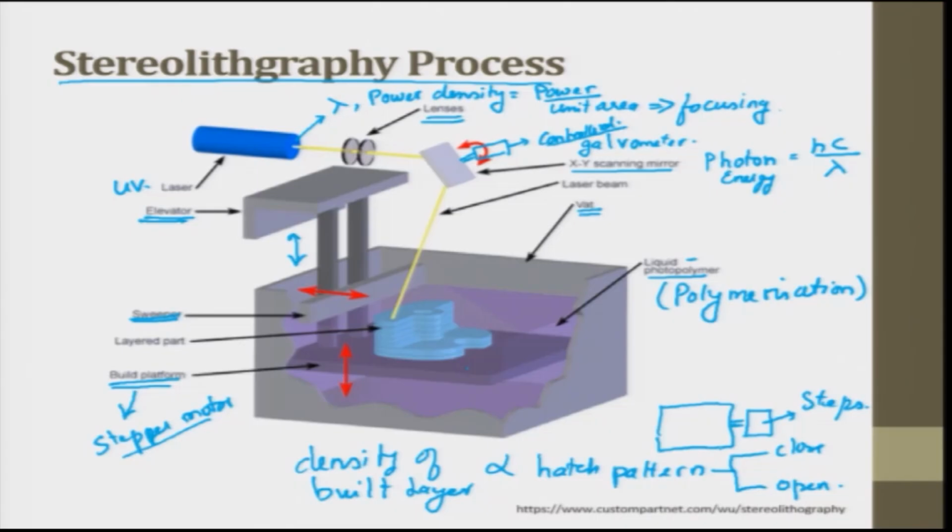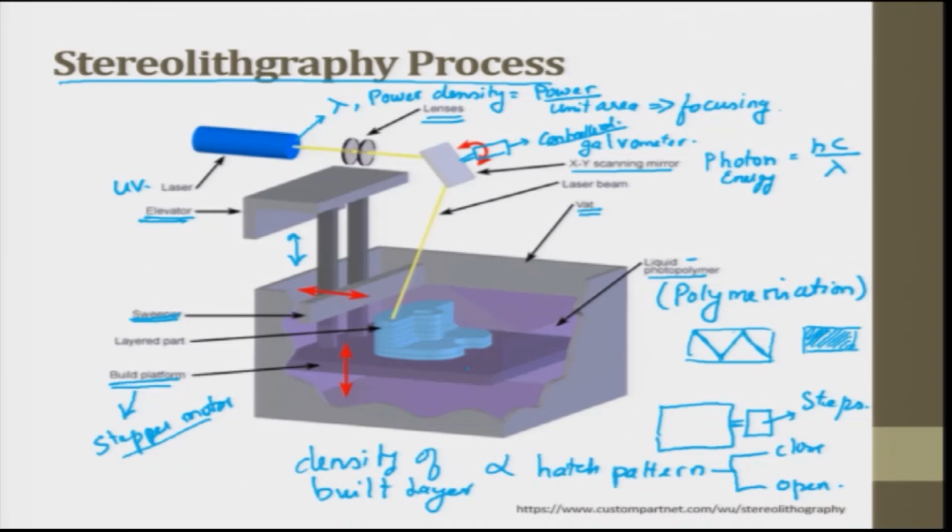So basically an open hatch pattern gives you only a shape to the layer. For example, you can have a layer, this is open, okay. You can have a layer which is closed. The closed layer will take more time, the closed layer is heavier, the closed layer is stiffer, but if you just wanted to use it as a supporting layer or supporting part, then you use this open structure and start building it.